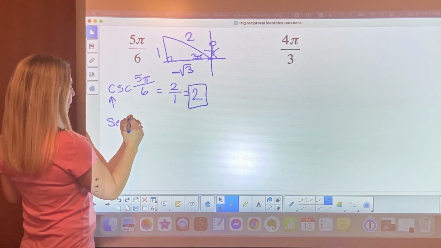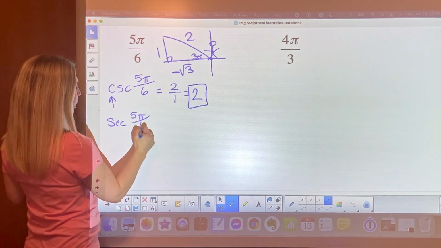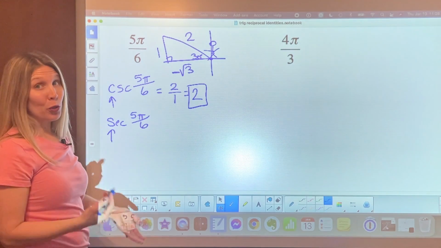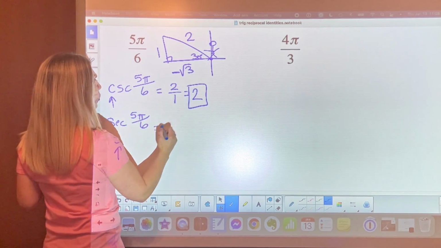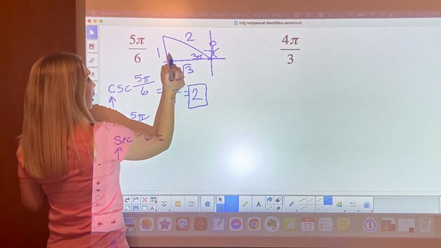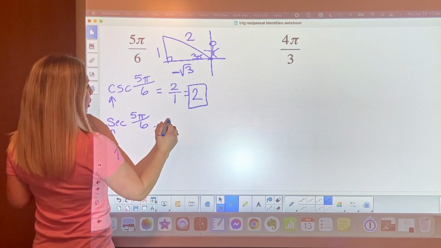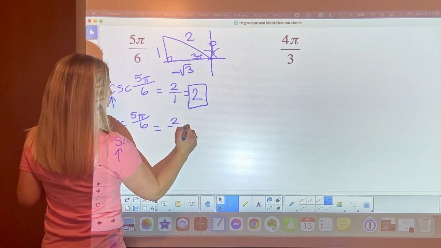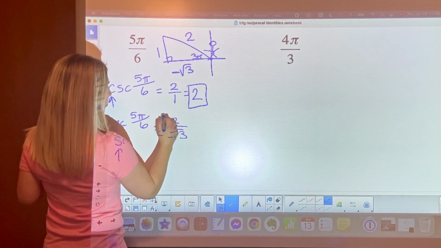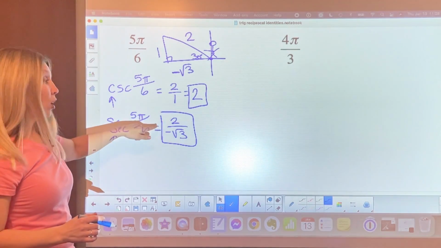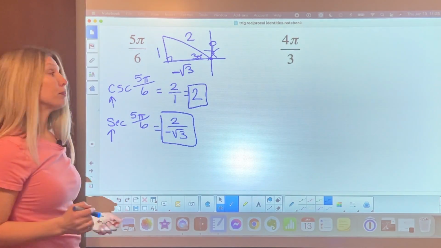If we do secant of 5 pi over 6, secant starts with S, which means the reciprocal is cosine. Cosine is adjacent over hypotenuse. So now we're just going to flip those. So hypotenuse over adjacent. And you can leave your negative sign in the denominator. You can bring it off to the side or put it in the numerator.